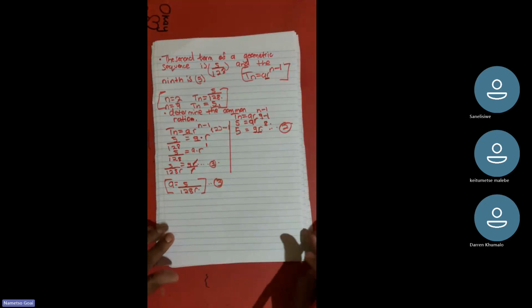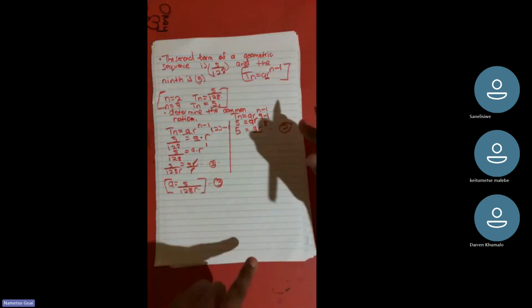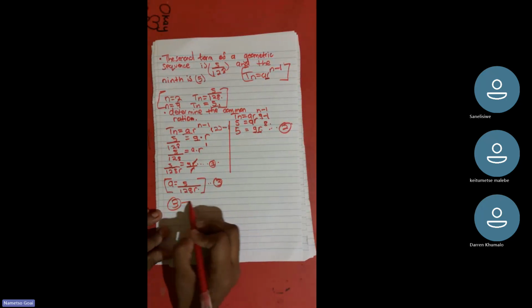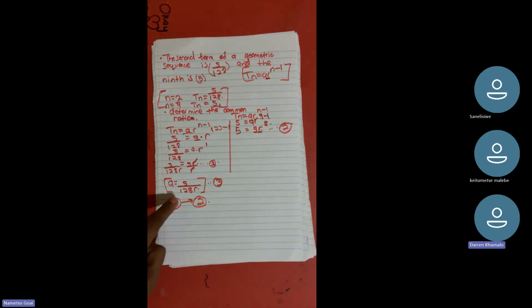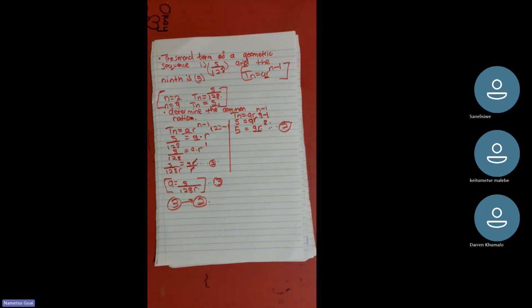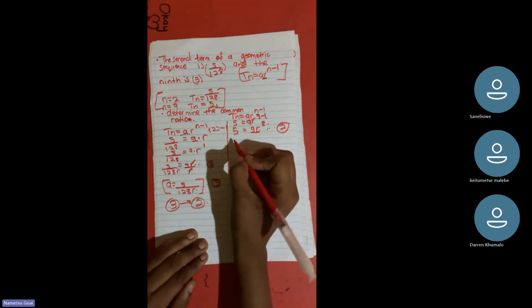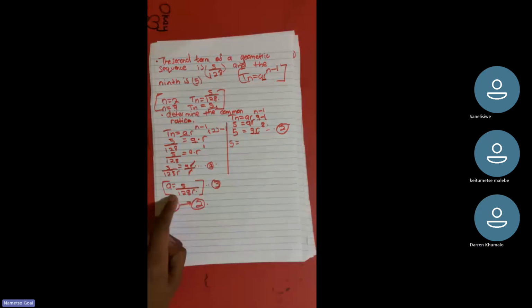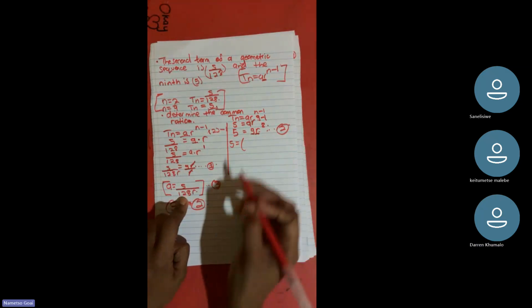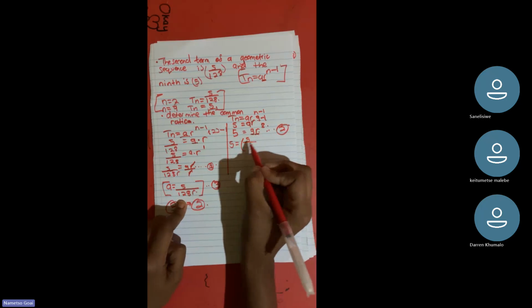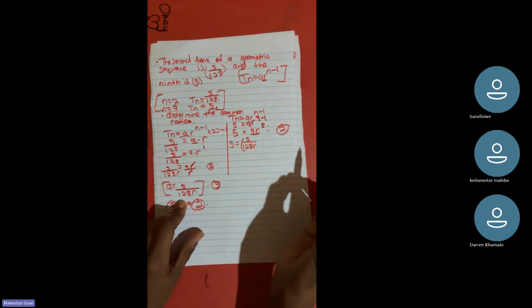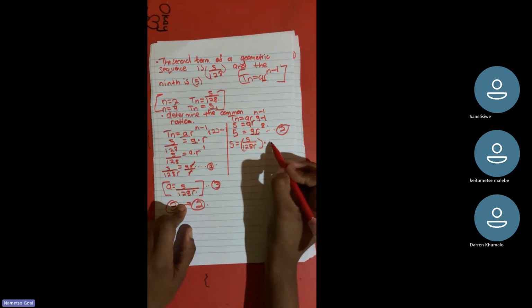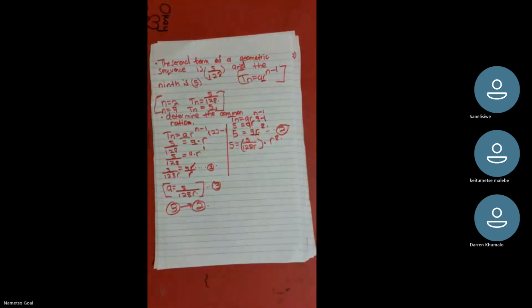What we can now do is take the third equation and substitute it into the second one so that we can work through it, right? So we will have 5 equals, now where you see A, you just replace A with this. What is our A? 5 divided by 128R, multiplied by R to the power 8, right?